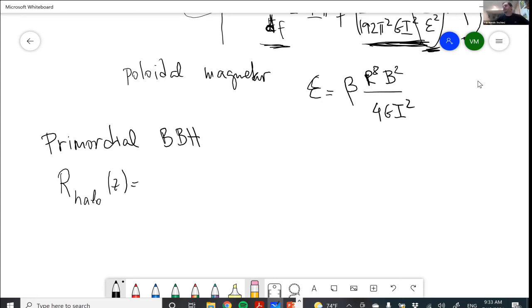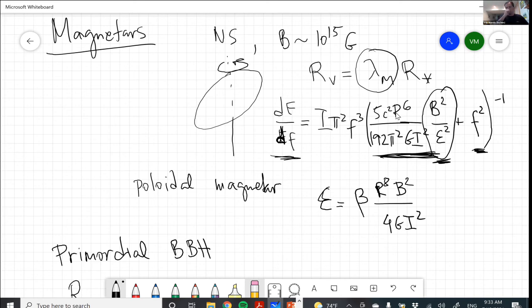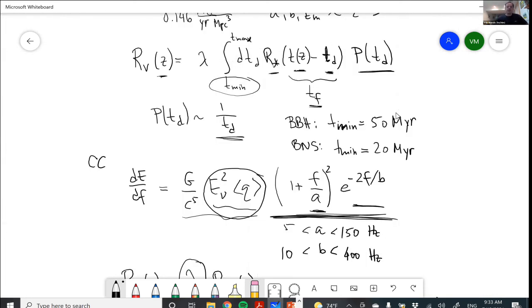Aditya is asking, can you explain this Q averaging in the expression, the average Q in the expression of the stellar core collapse omega GW? Yeah, I can comment on it.